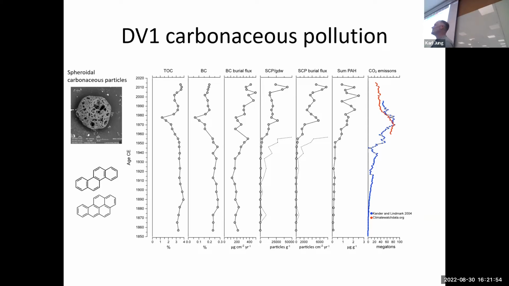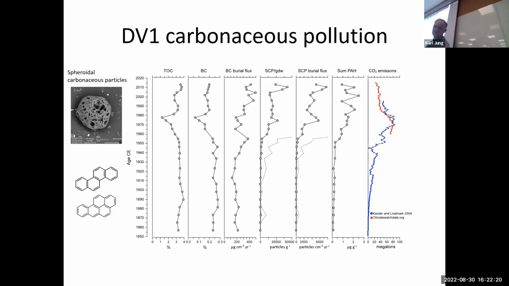What we see here, we have very low concentrations in the lower bottom part, low concentrations of all of these pollutants. And around 1870, we start to get the first observations of SCPs coming from combustion of fossil fuels. We have a little bit of increase in black carbon concentrations later on. And going further up, we start getting the PAHs in here.